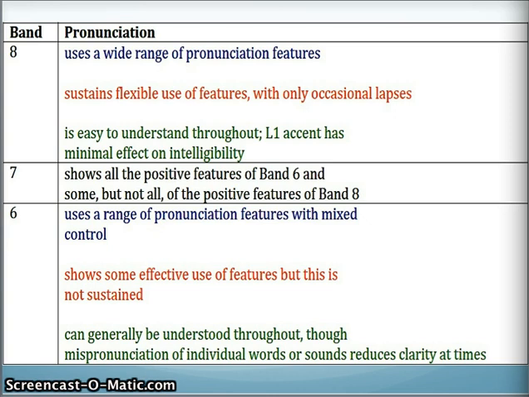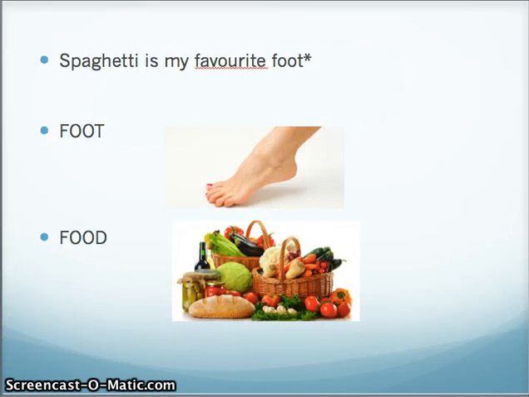If you want to get 7 or 8, your speech must be intelligible, that is, clear with the correct pronunciation of words and sounds. For example, if you say something like, "spaghetti is my favorite food," this is going to interfere with intelligibility because "food" and "foot" are different things, as demonstrated in the picture.